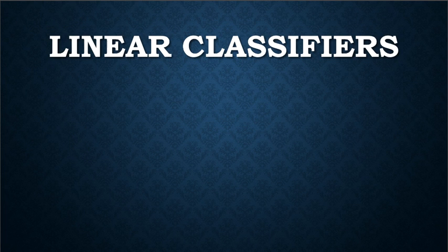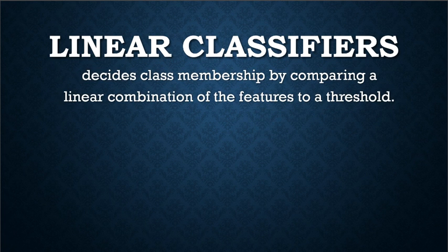To simplify the discussion, we will only consider two-class classifiers in this video and define a linear classifier as a two-class classifier that decides class membership by comparing a linear combination of the features to a threshold. We will talk about two learning methods here.